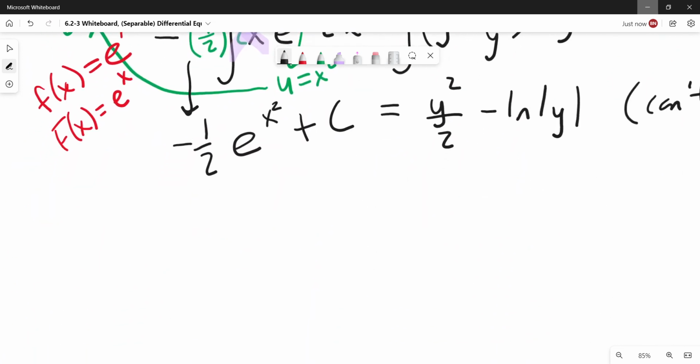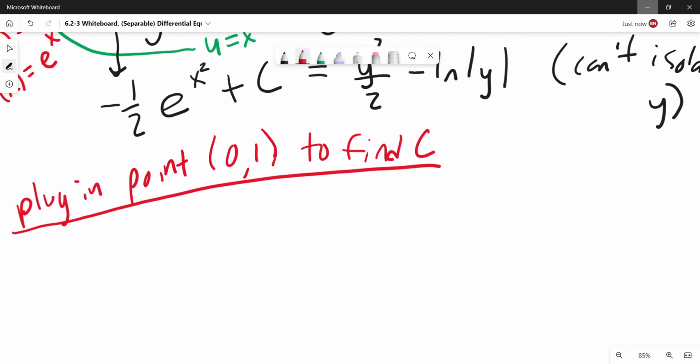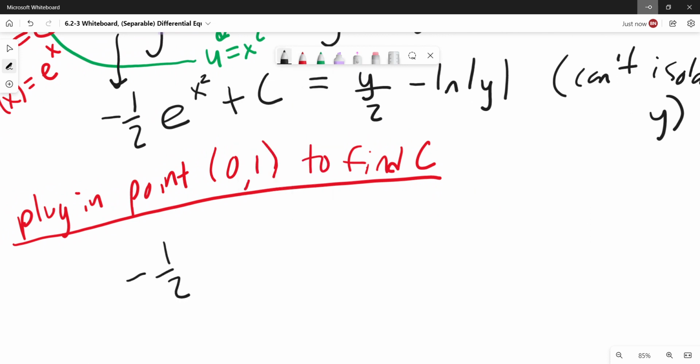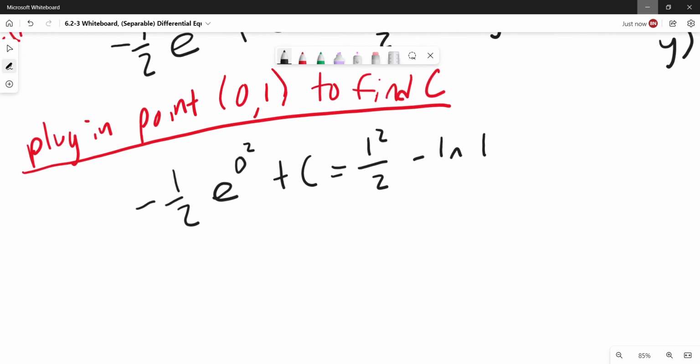So plug in the point (0, 1) to find C. Negative 1/2 e to the 0 squared plus c equals 1 squared over 2 minus ln 1. ln 1: e to what equals 1?